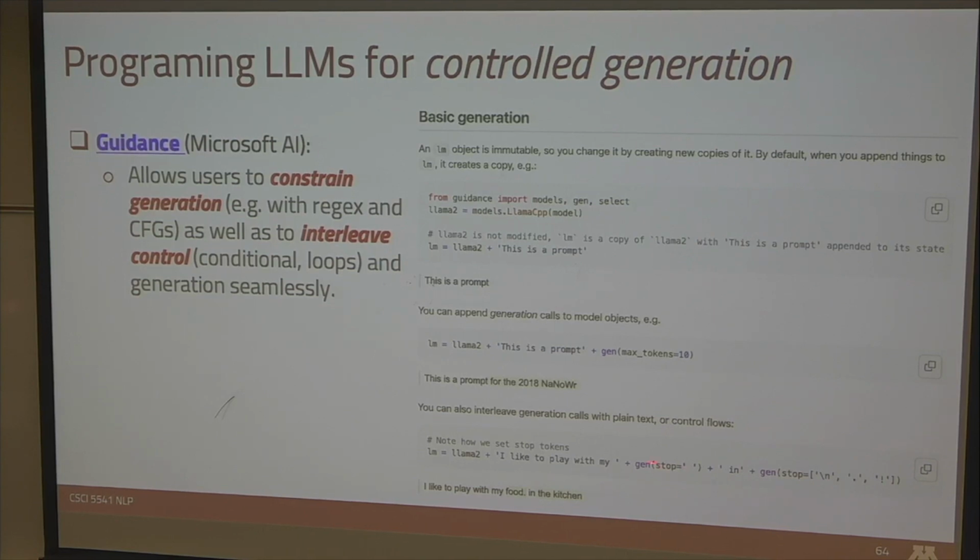And then you can also say when to stop. So if it generates a space, it will stop. And then at the end, you want the model to conclude with either a new line, period, or exclamation mark. This kind of constraint can be added.